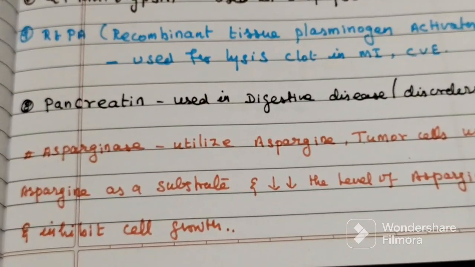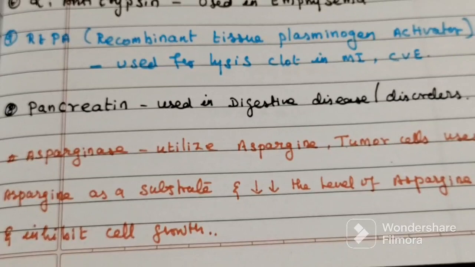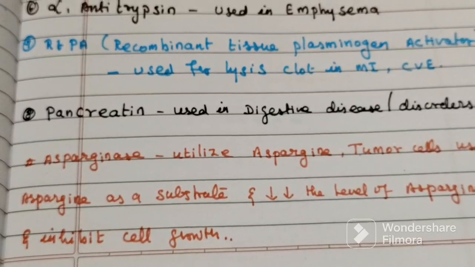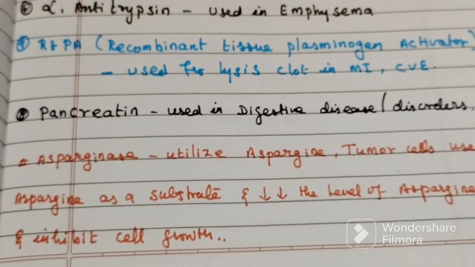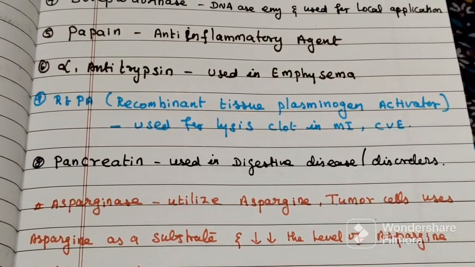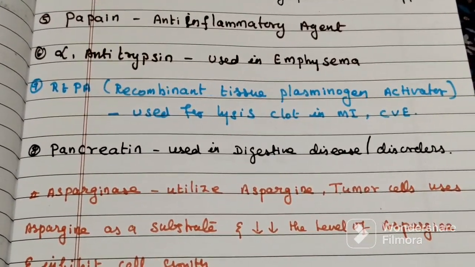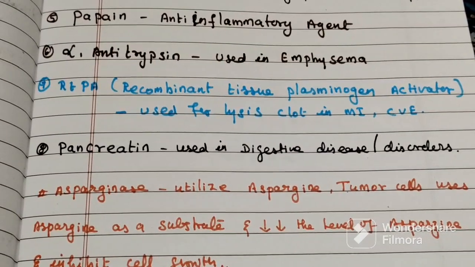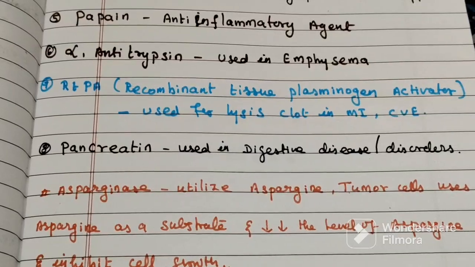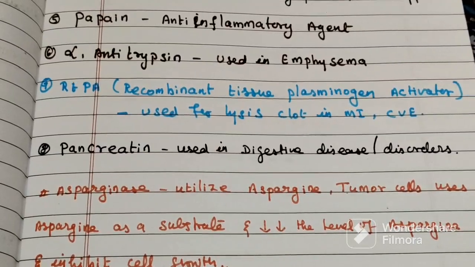So asparaginase utilizes asparagine, decreases the level of asparagine, and inhibits cell growth.